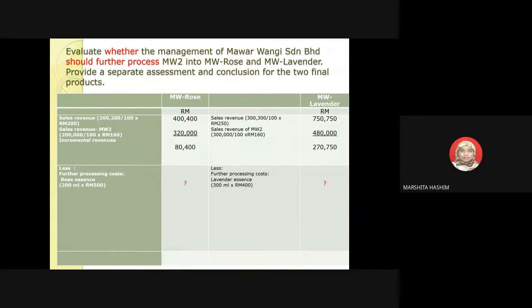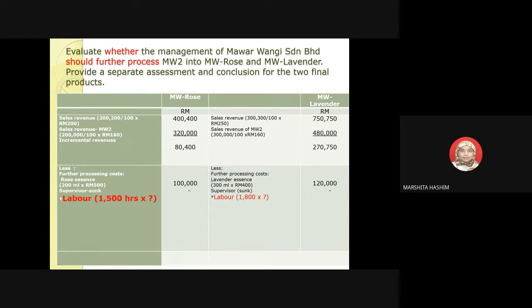This one you can get from paragraph 5. So total for rose essence 100,000, lavender essence 120,000 ringgit. Can you follow so far, class? Yes, madam. All right.